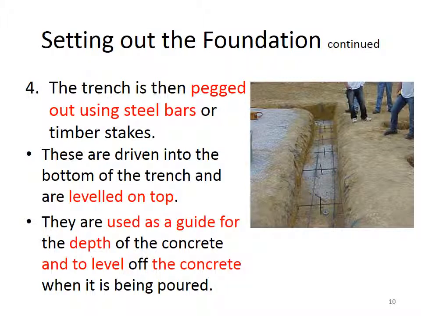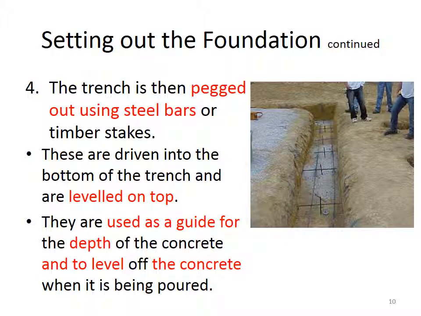Setting out foundation continued. Number 4 then, the trench is then pegged out using steel bars or timber stakes. We can see an example of this in the image on the right hand side. Steel bars are tapped down, the top of them are leveled using a spirit level and a straight edge, or maybe a laser level, and they have to be evenly spaced out, and of course the peg is going to be driven down to the required depth of the concrete for the foundation.